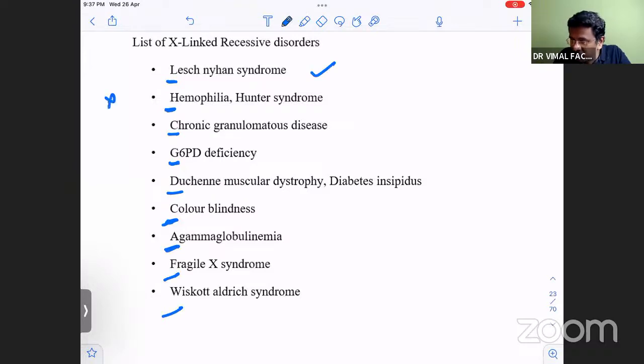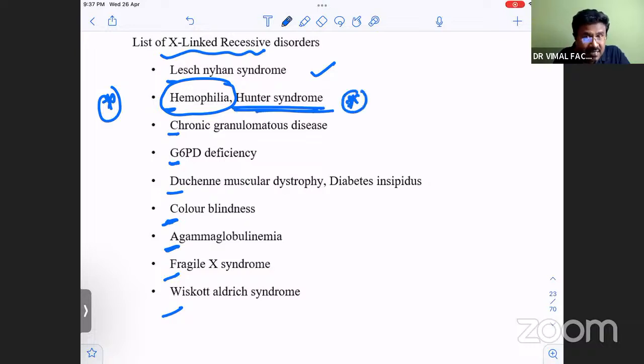Leishman. So the most important asked question is the X-linked recessive disorder. We know hemophilia. Please remember, most of the lysosomal storage disorders and inborn errors of metabolism are autosomal recessive, as I told. Hunter syndrome is an exception. Hunter is an exception. It is X-linked recessive.